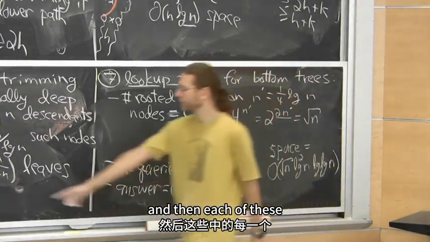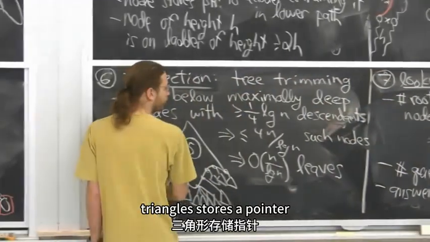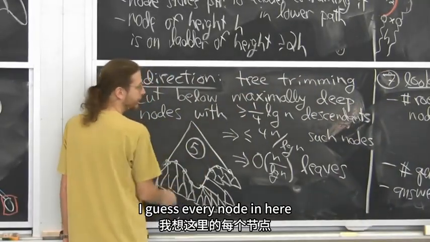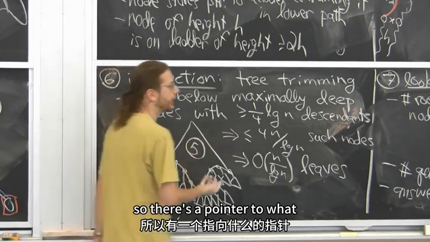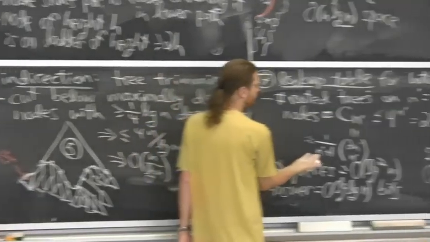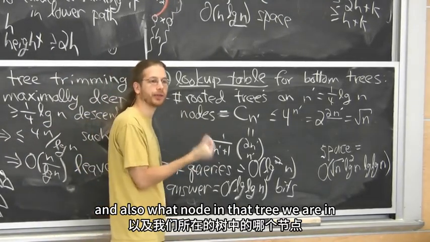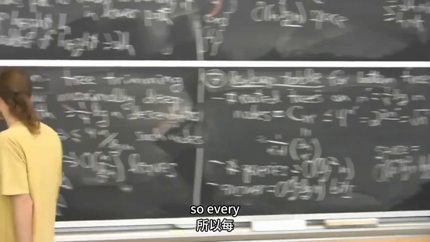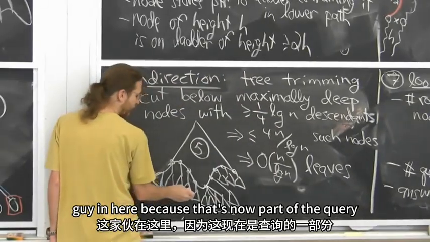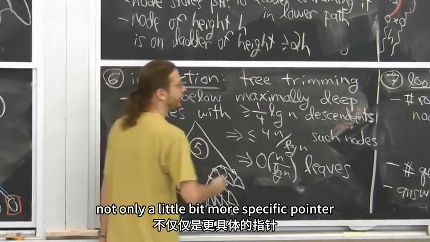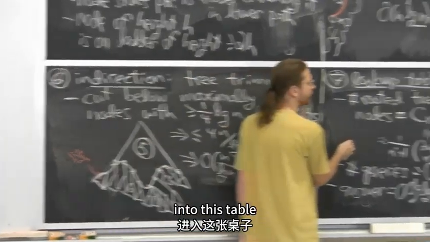And then each of these triangles stores a pointer, or I guess every node in here stores a pointer to what tree we're in, or what type of tree we have, and also what node in that tree we are in. So every node in here has to store a little bit more specific pointer into this table.